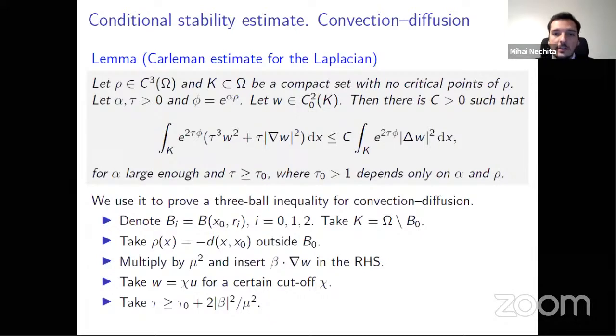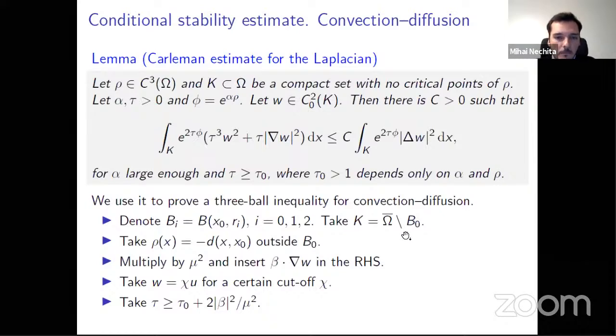And starting from it, in a similar manner, we write it down for the convection diffusion operator, just by trying to inject in the right-hand side this extra first order term.